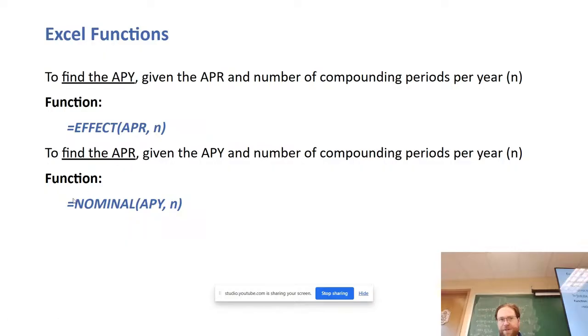APR can be found by equals NOMINAL, parentheses, the other one. So if you're looking for APY, it would be APR in parentheses first. If you're trying to find APR, then the first parentheses would be APY. The second one's always N, the number of times it compounds within a year.